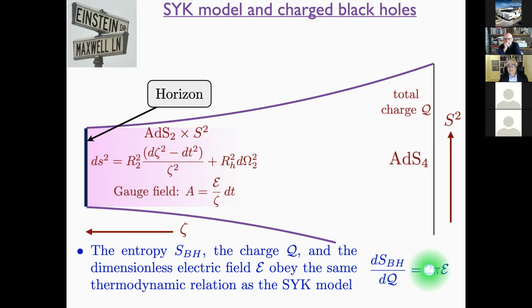This same relationship is also obeyed by the SYK model, and this was actually one of the first hints that there's a connection between these two cases.